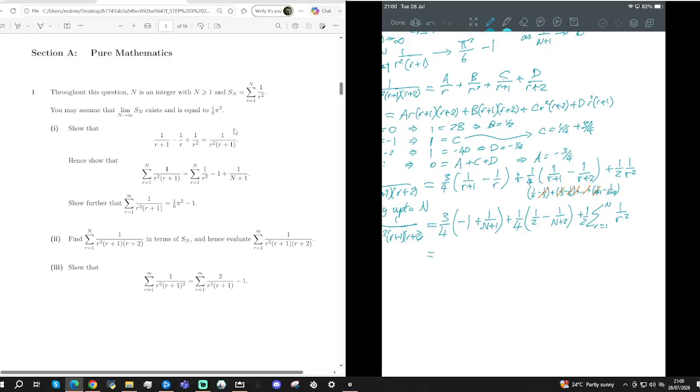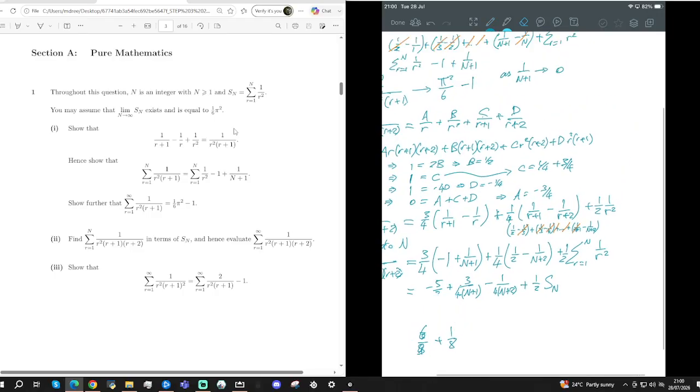We've got minus 3/4 plus an eighth, so that's 6/8, so that's minus 5/8, plus 3/4 of the n plus 1, minus 1/4 of the n plus 2, plus half Sn, putting that sum in as what that sum actually is.